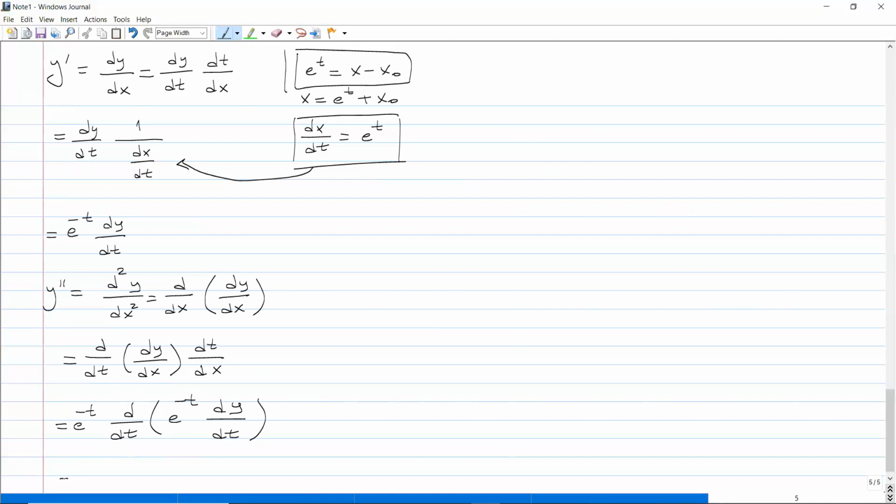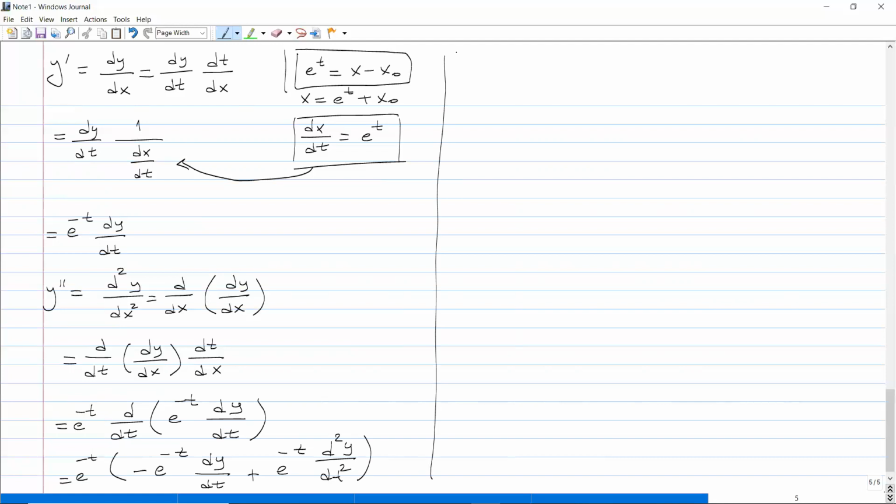So I use the product rule. First derivative of e to the minus t is minus e to the minus t times derivative of y with respect to t, plus e to the minus t times the derivative of y with respect to t taken again, so the second derivative of y with respect to t.